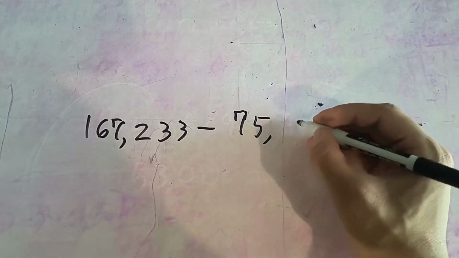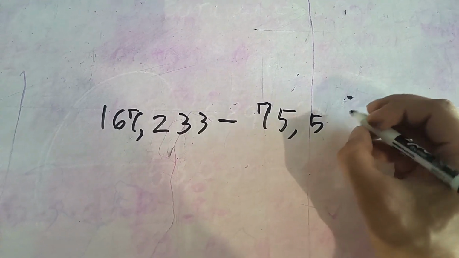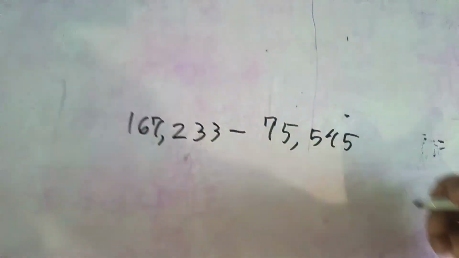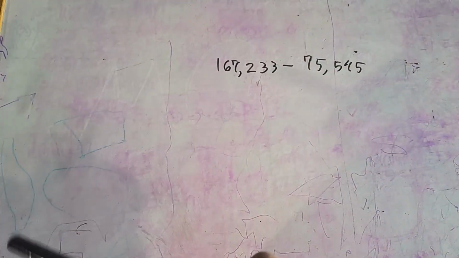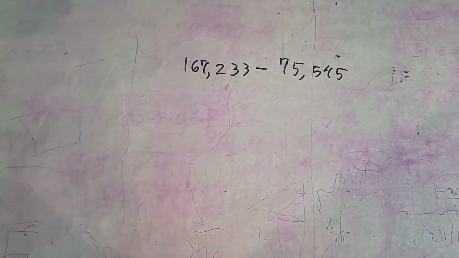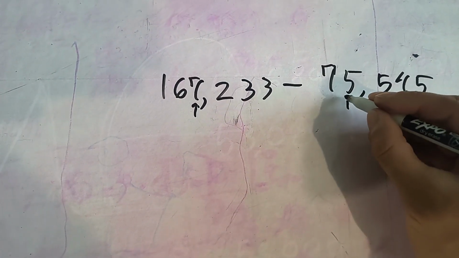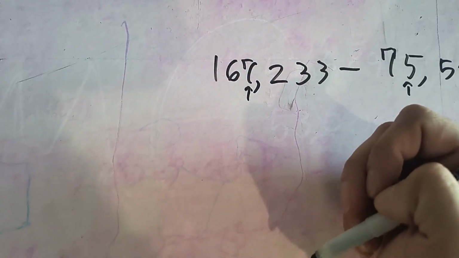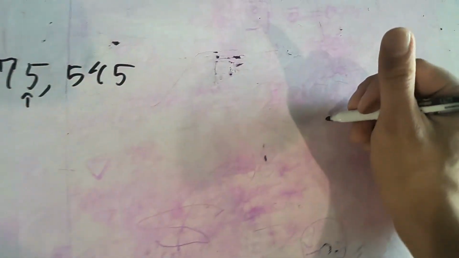What is the estimated amount of this when rounding to the nearest thousands? Since we're rounding to the nearest thousands, which is this place right here, all we have to do is look at the 7,200 right here.